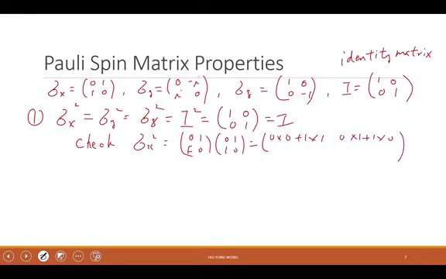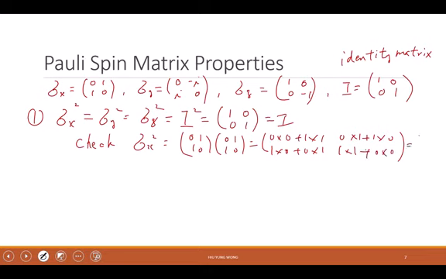Then 1 times 0 plus 0 times 1 for this one. The last one is the second row and second column multiplied together, which is 1 times 1 plus 0 times 0.